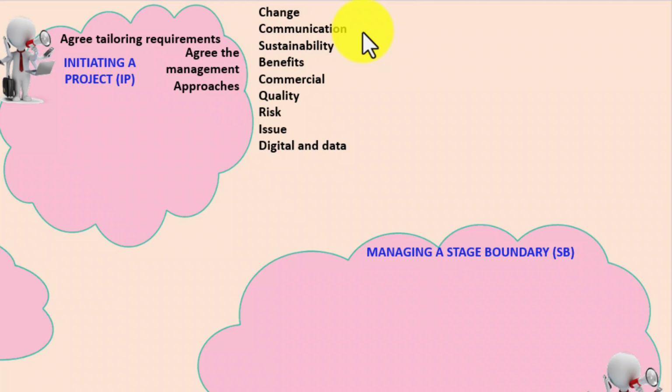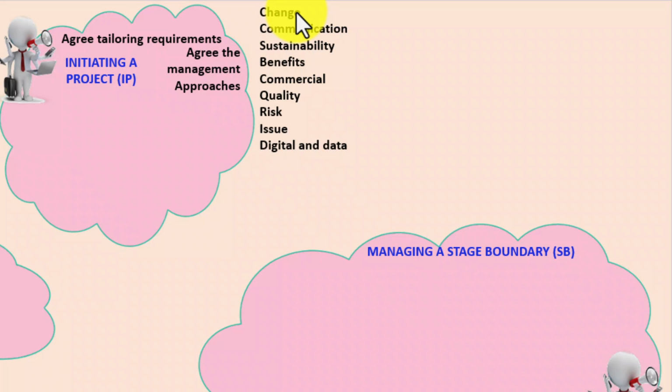So let's go through these management approaches. First of all, we have the change management approach, which is not about how you change the project. It's used to establish the target organisational state required for the project to meet its objectives. In other words, it's about changing the organisation, and it does this by including the means by which the business will shift from the current state and through any interim states.